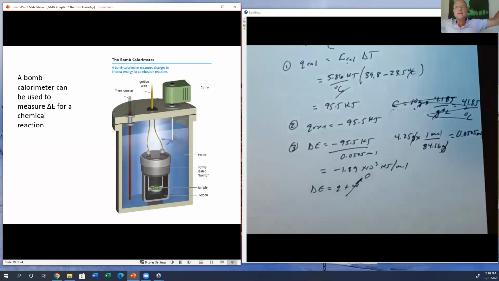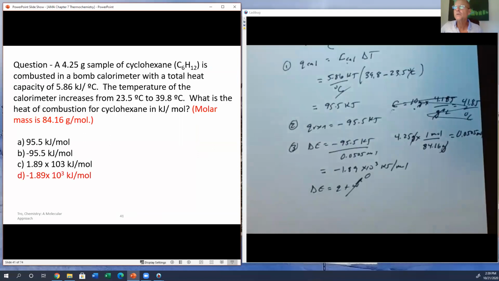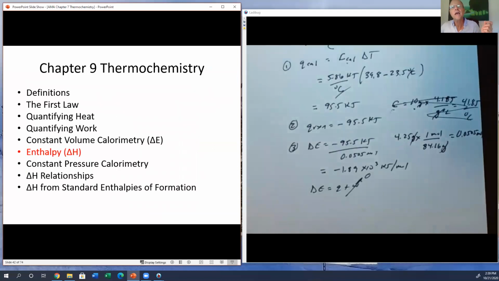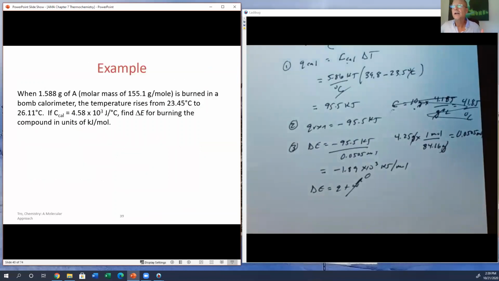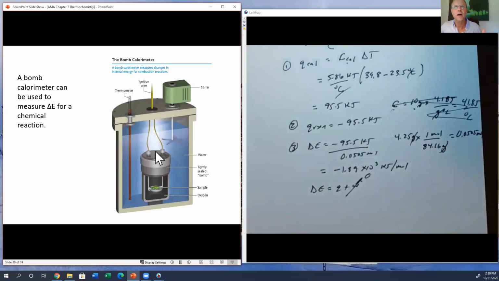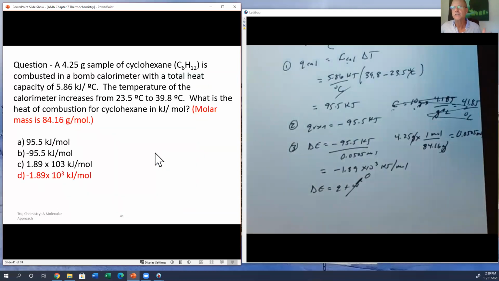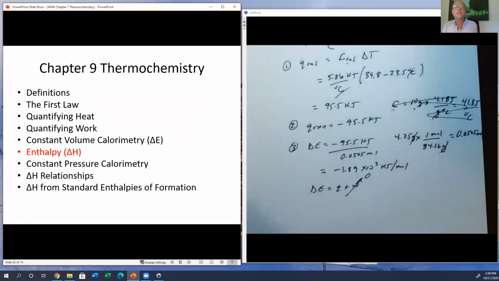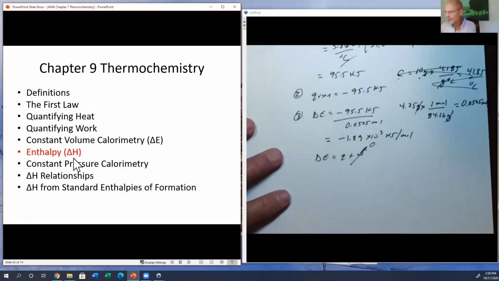You're letting it expand into the atmosphere. And so there's another quantity that is more useful if you want to know how much heat this chemical reaction is going to give you under normal conditions, not under the forced conditions of a bomb calorimeter, when I carry out the reaction on the lab bench, or when methane burns on my stove. How much heat is given off? That quantity is called delta H.